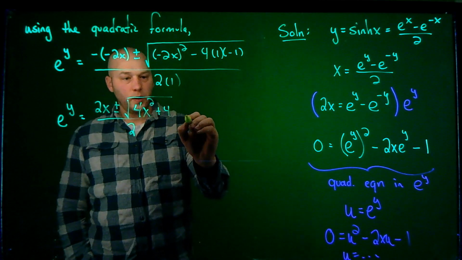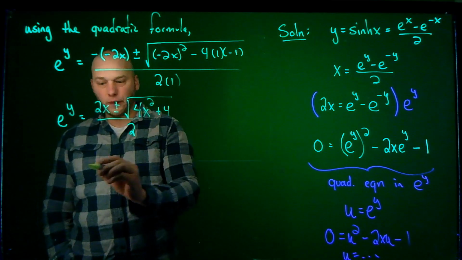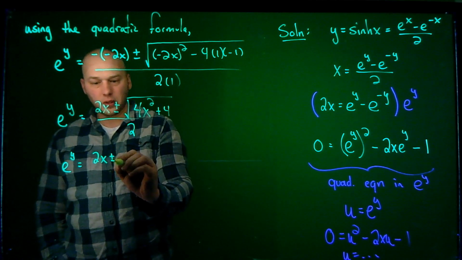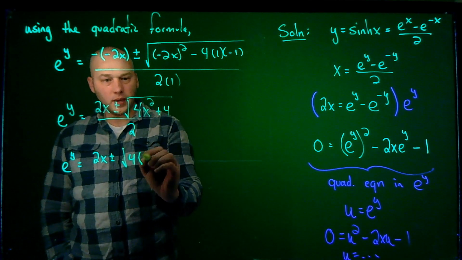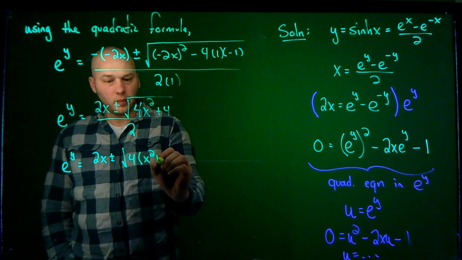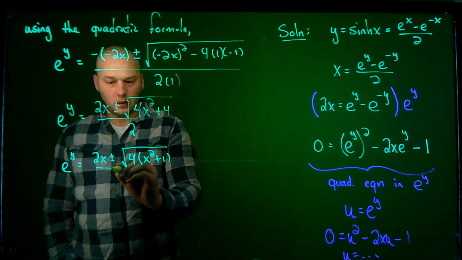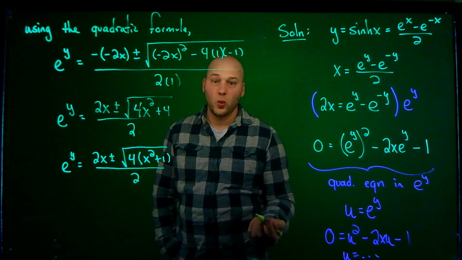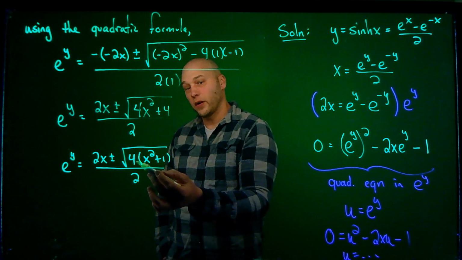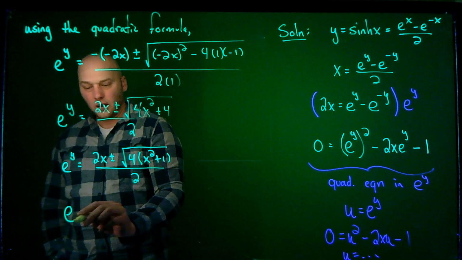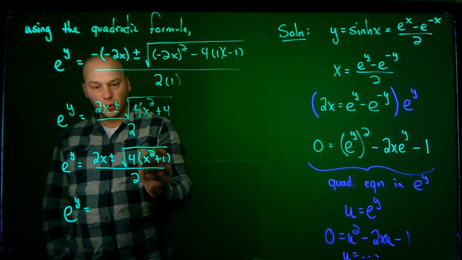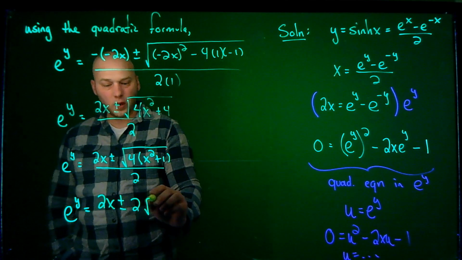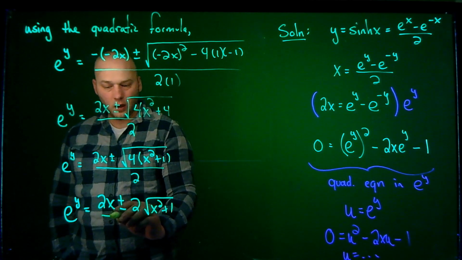Notice within the radical here, I could factor a 4 out. So I get e to the y is 2x plus or minus the square root of 4 times x squared plus 1, all over 2. Now I've got the square root of a product, so that's the product of the square roots. Notice that 4 is a factor and it's a perfect square. That means I can take a factor of 2 outside the radical. So I get 2x plus or minus 2 square root x squared plus 1, all over 2.